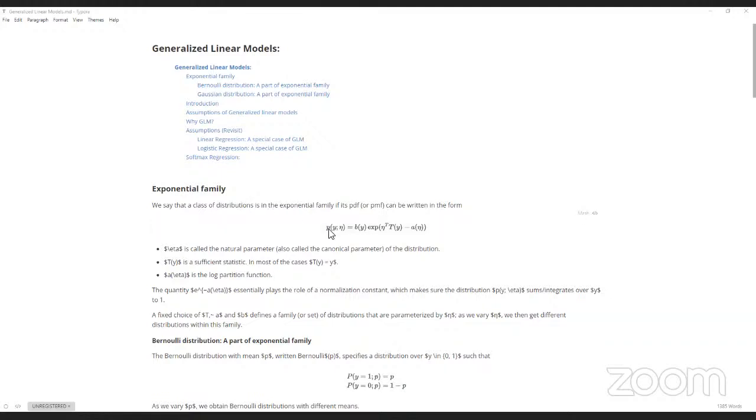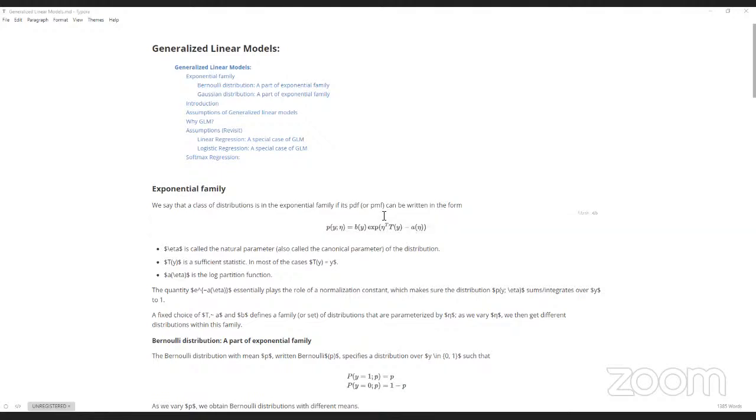If any distribution's PMF or PDF has this kind of form, P of y given eta, where eta is the parameter, equal to e raised to the power eta transpose T of y minus a of eta, multiplied by b of y, then we call that distribution coming from the exponential family.